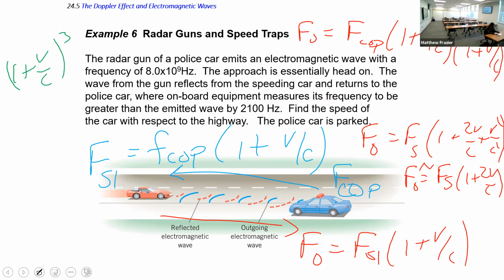But this would be like 1 plus 3V over C plus 3V squared over C squared plus V cubed over C cubed. And then V squared over C squared is tiny, we ignore it. And V cubed over C cubed is extremely tiny, we ignore it. And so you would approximate it as 1 plus 3V over C.